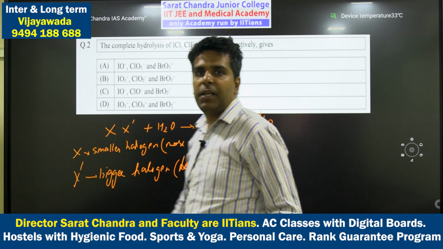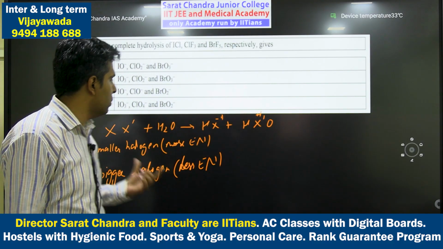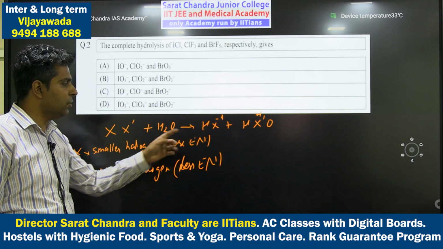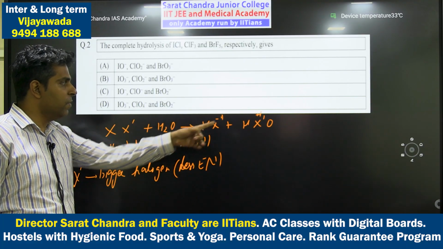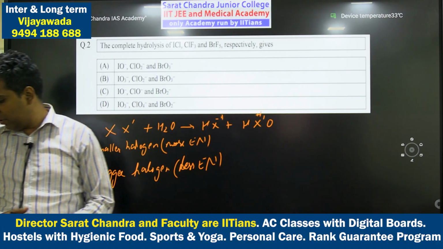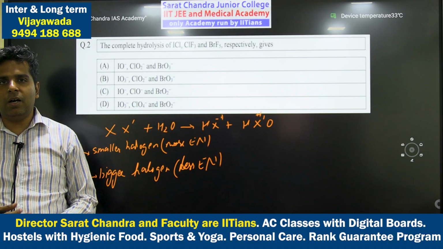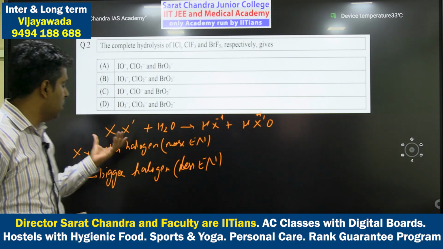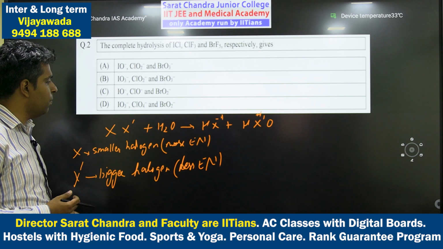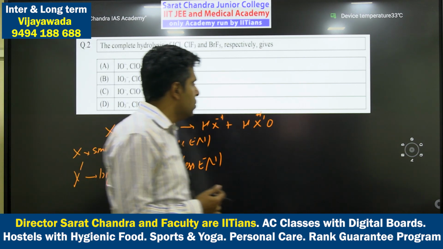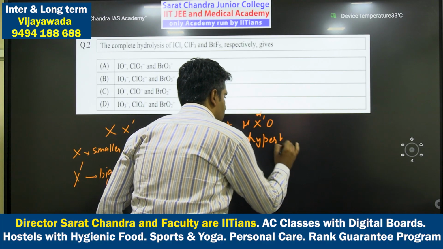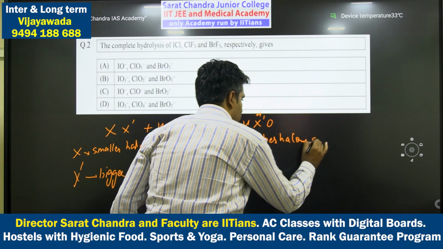So whenever an interhalogen compound is undergoing hydrolysis, the more electronegative halogen will be at the negative oxidation state, and the less electronegative halogen will be at the positive oxidation state. If the XX' type of interhalogen compound is undergoing hydrolysis, we will be getting hypohalous acid.